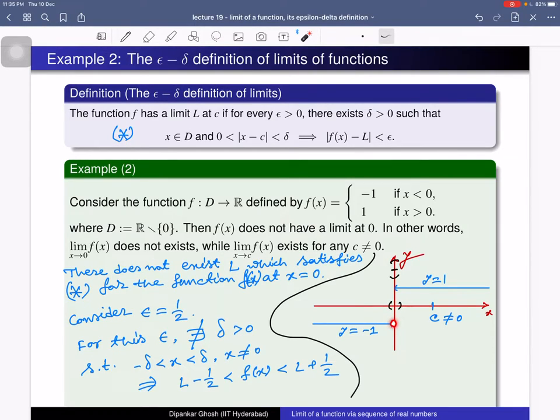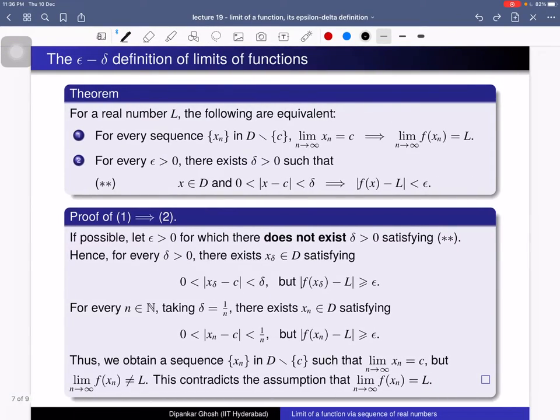So of course it is not lying in this epsilon neighborhood. And if x is positive, the function value is 1, so that is also not lying here. So L can be anything, but you can prove that whatever L you choose, it is not satisfying this epsilon delta condition.